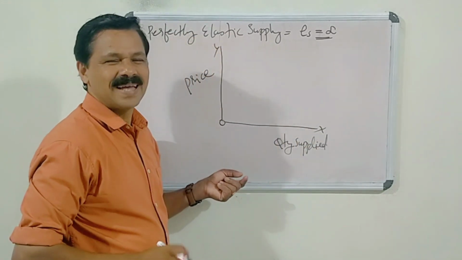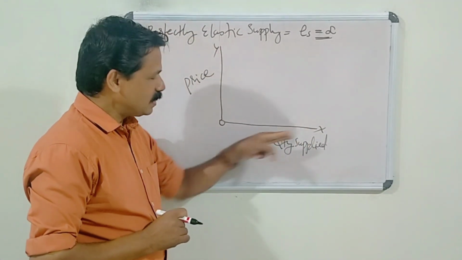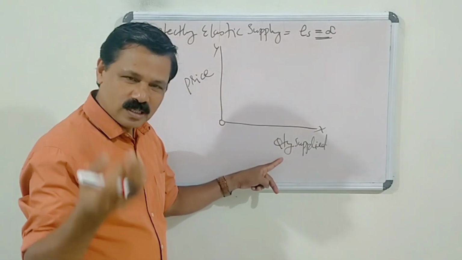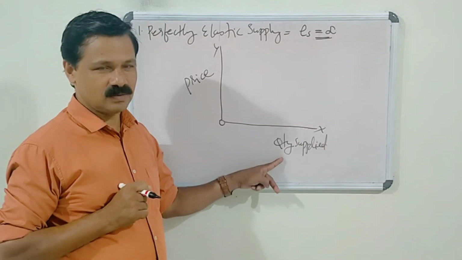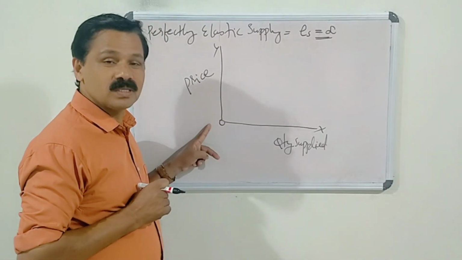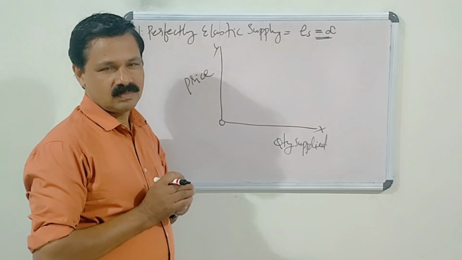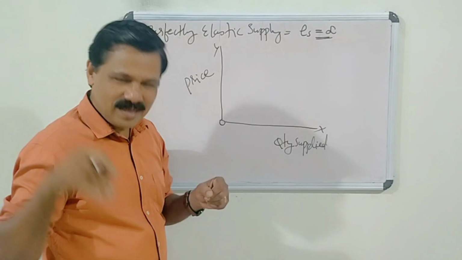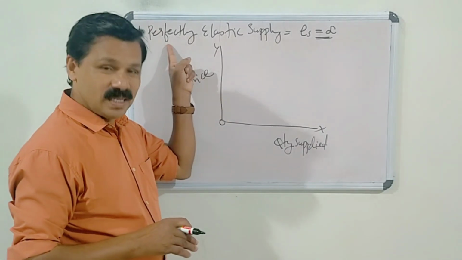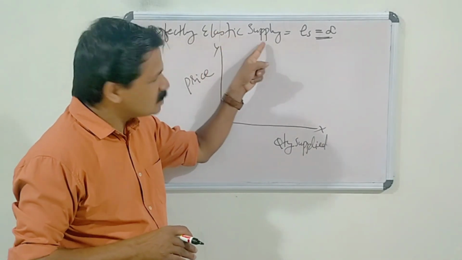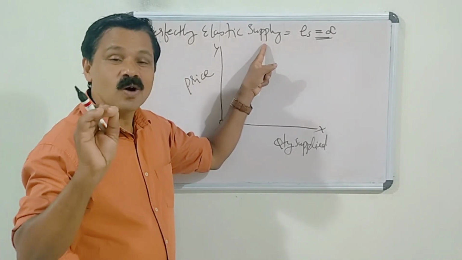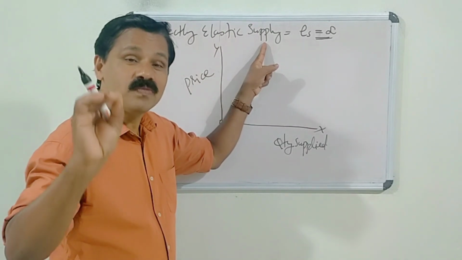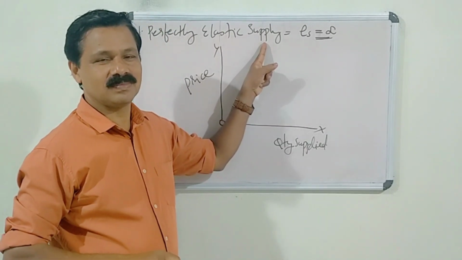As usual, in this diagram, the x-axis represents quantity of the commodity which is supplied, that is, offered for sale by the sellers. The y-axis shows its price, nothing more. If a commodity is facing perfectly elastic supply, infinite quantity of that commodity will be offered for sale by the sellers.